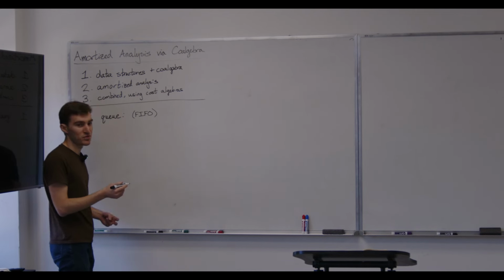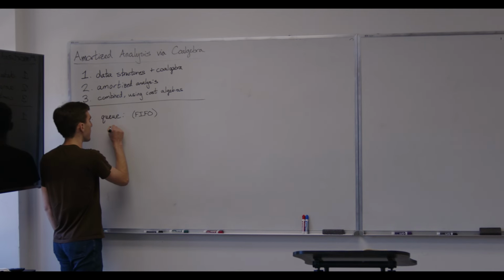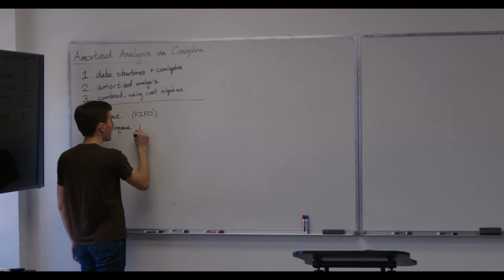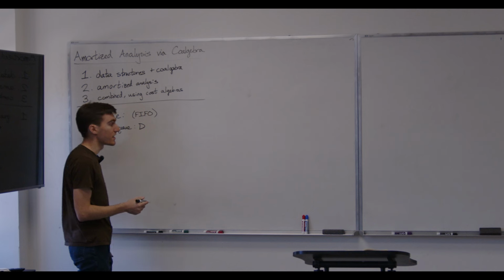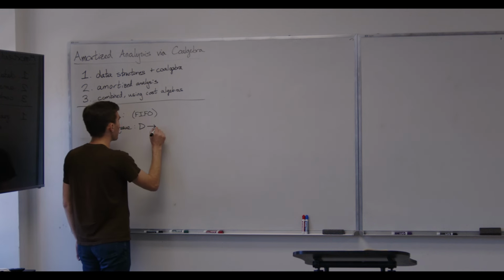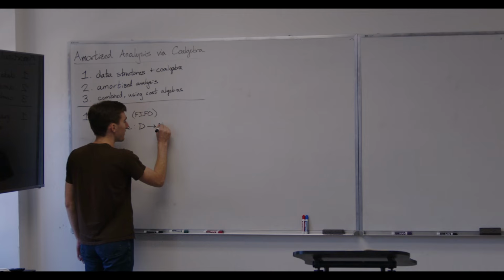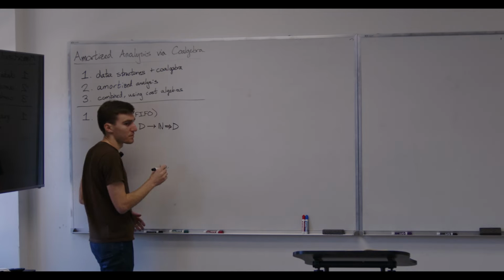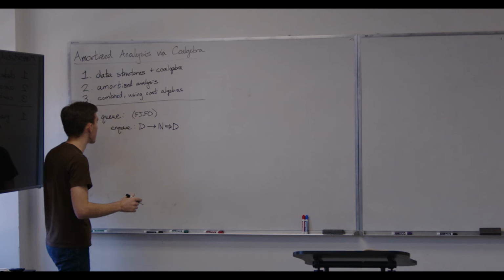And you usually have two operations for a queue. So you have enqueue, which takes in an element of the data structure. I'll represent the states as D. I'll write it in a curried way. It takes in a natural number, which is the element, and then it'll give you an updated state where the number has been included.